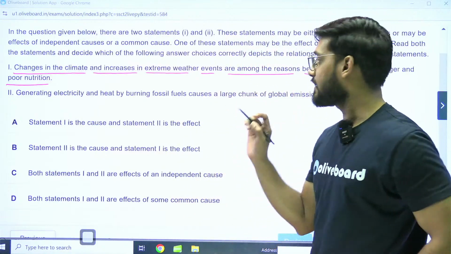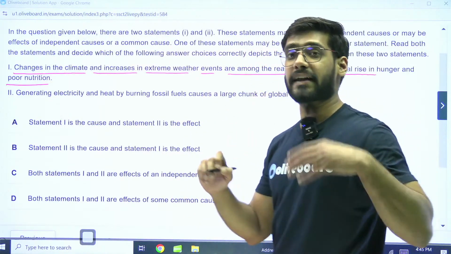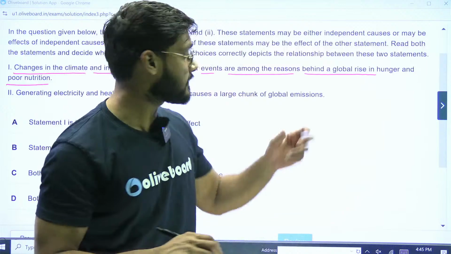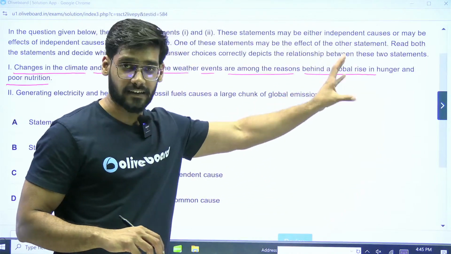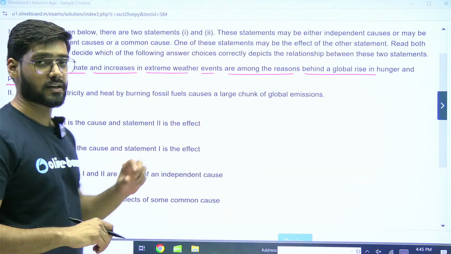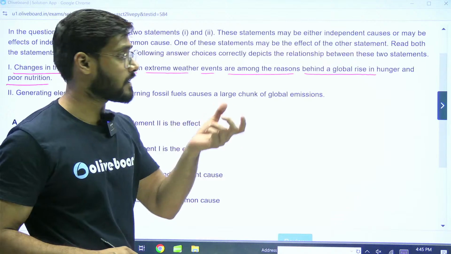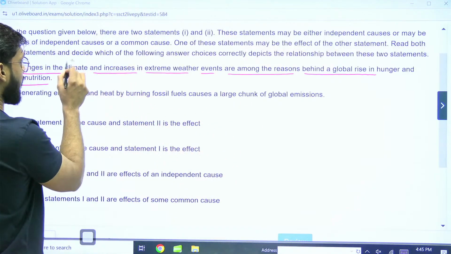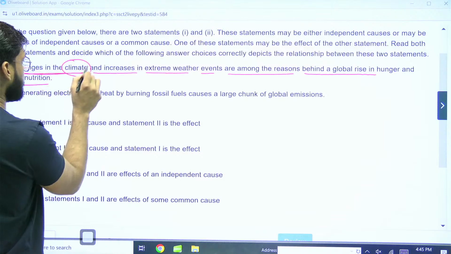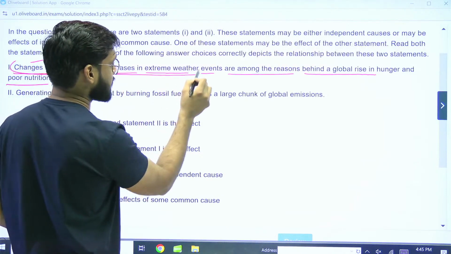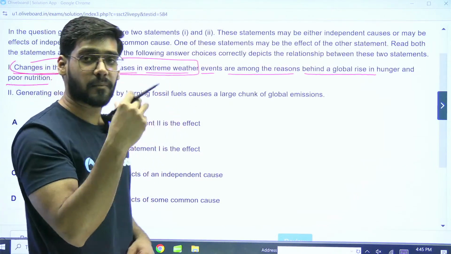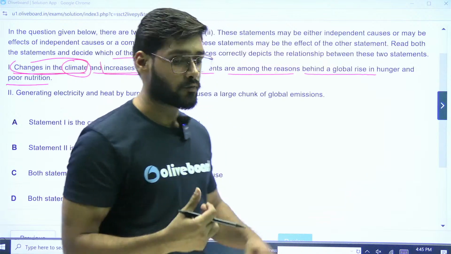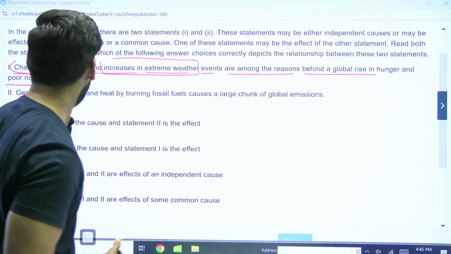Understand the point: among the reasons, there are many other reasons behind the rise in hunger and poor nutrition. Changes in the climate and the increase in extreme weather events are behind the rise in hunger and poor nutrition.